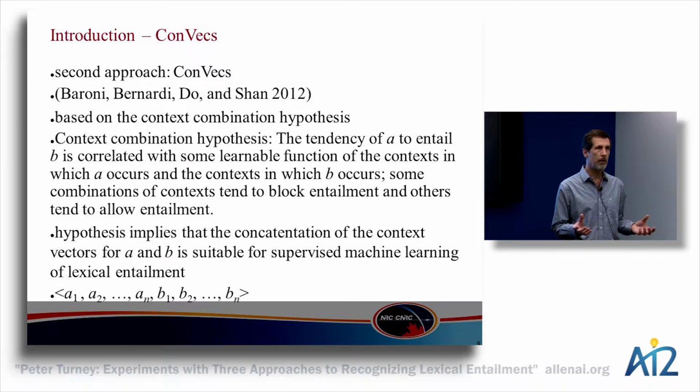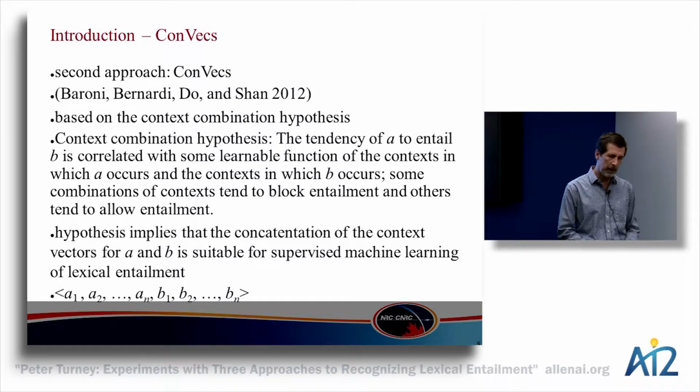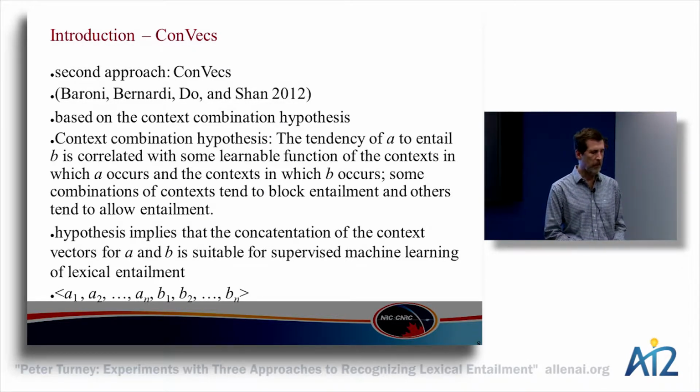And once you know what that relation is, then you can decide whether there's an entailment between A and B. So the second approach, convex, is based on the context combination hypothesis. The tendency of A to entail B is correlated with some learnable function of the context in which A occurs and the context in which B occurs. Some combinations of contexts tend to block entailment, and others tend to allow entailment.